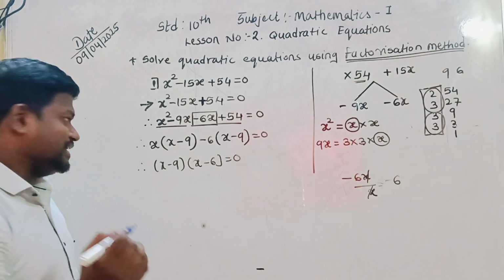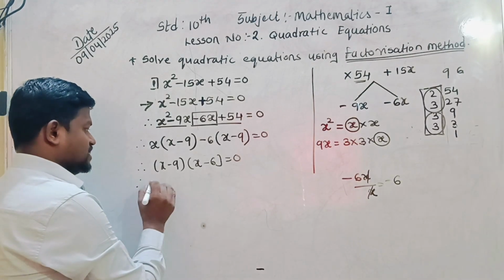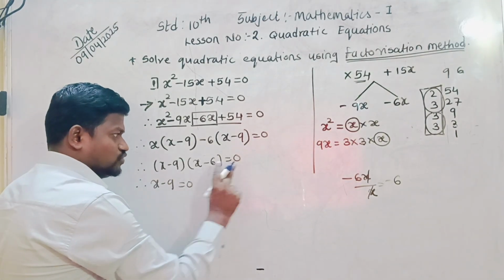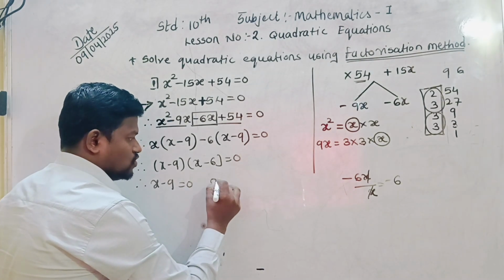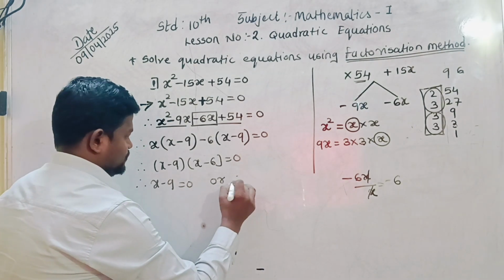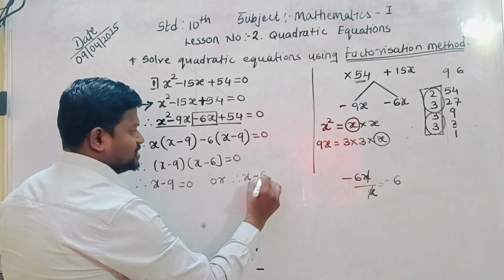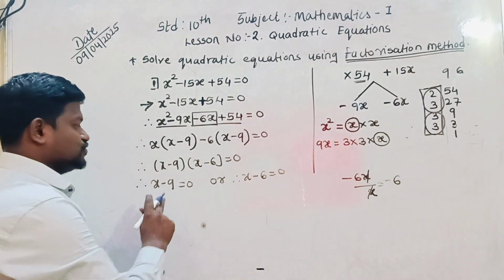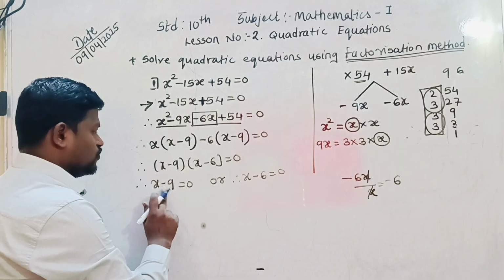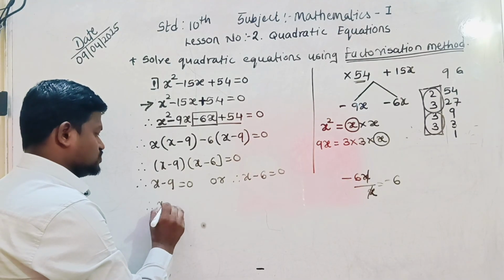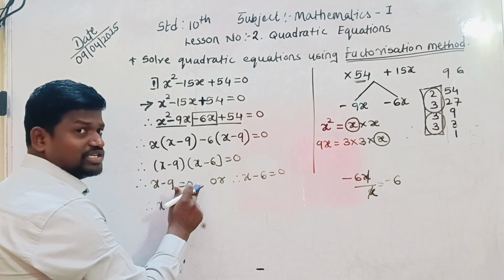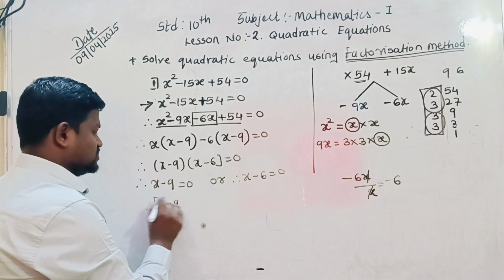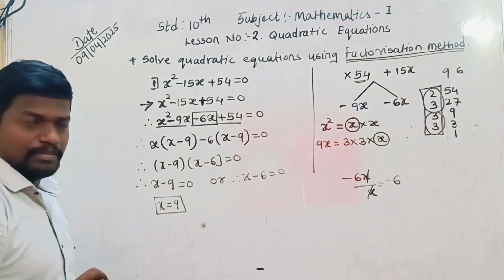So we have to find the answers. Then x minus 9 equal to 0 or x minus 6 equal to 0. So we change the position of minus 9. Minus 9 goes to this side, sign change, and x is equal to 9.